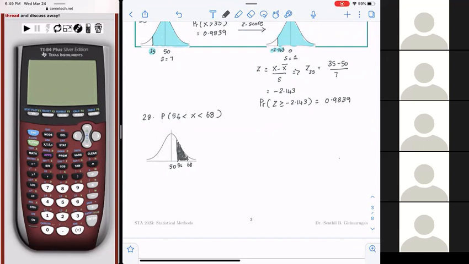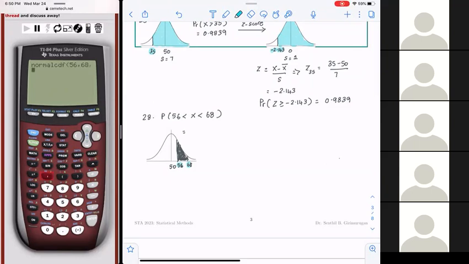So the easiest way would simply be to use the calculator, of course. So second vars, number 2. Now we always use negative E99 and positive E99 as the starting and ending values. But if we look at this problem, the shaded area starts at 56 and it ends at 68. So the starting value would be 56. The ending value would be 68.